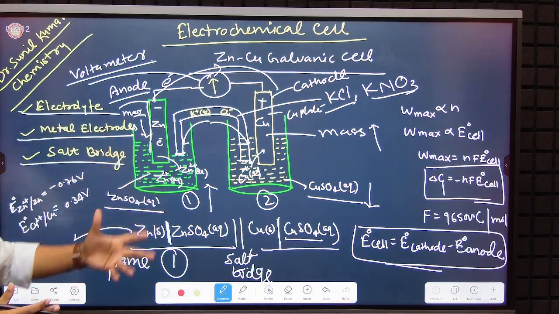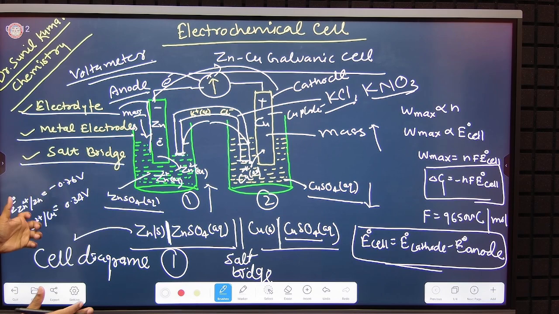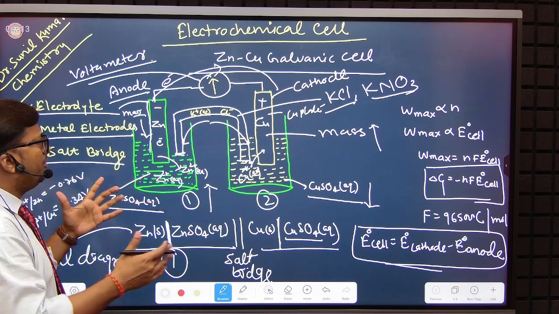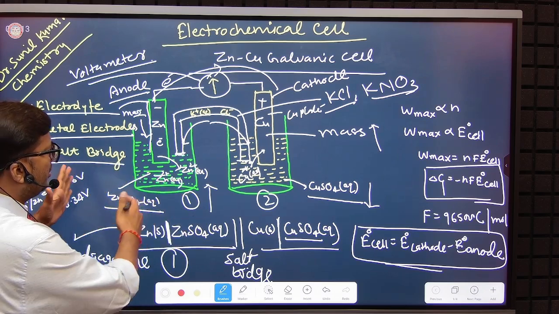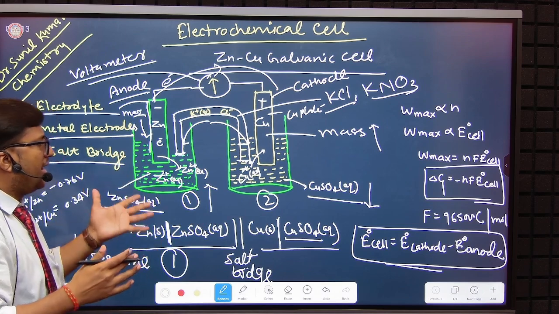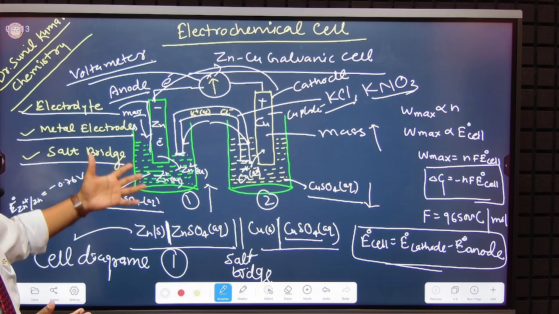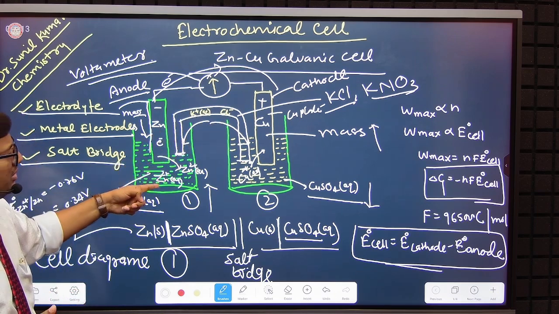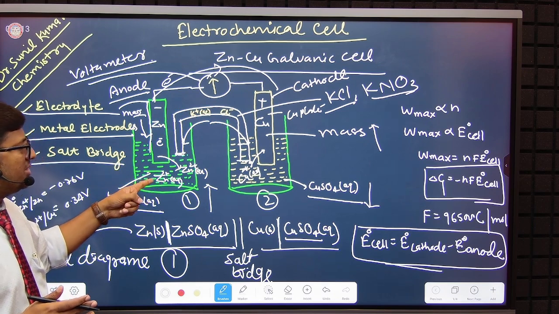Actually, it is porous, and it does not interfere with the redox reactions or interact with the zinc or the cation or anion of a particular container. So these ions do not react with zinc 2+ or sulfate 2-.